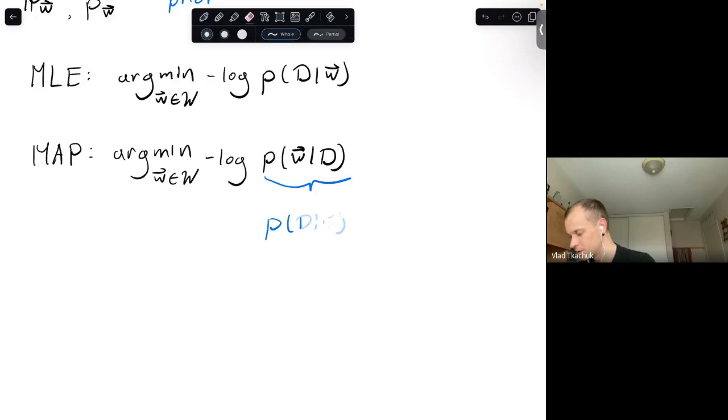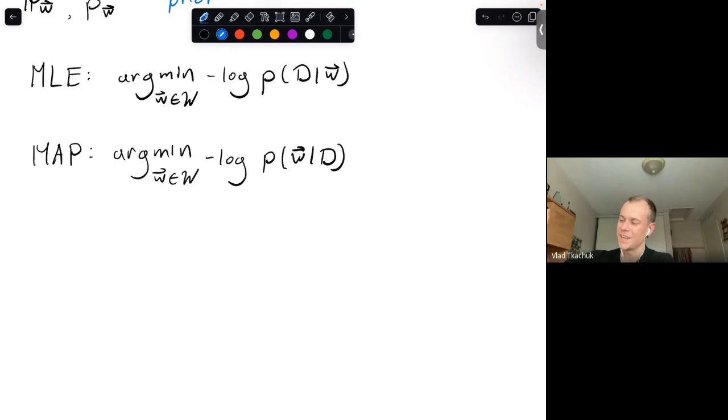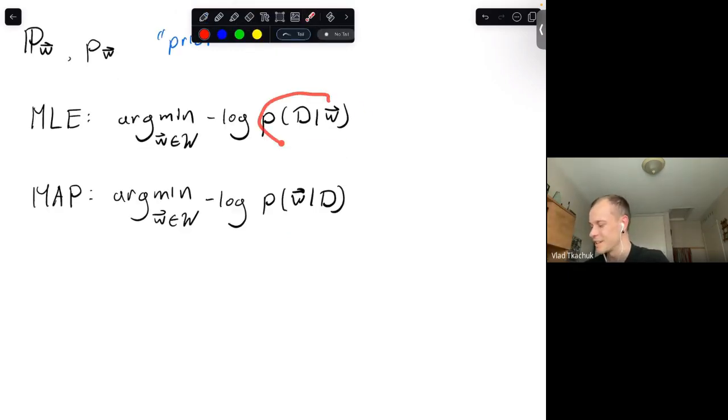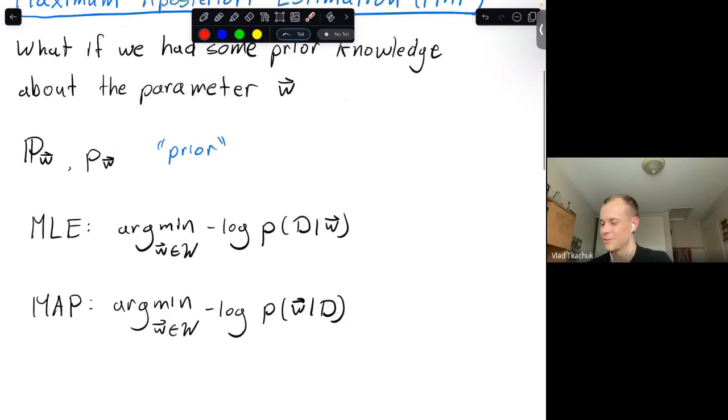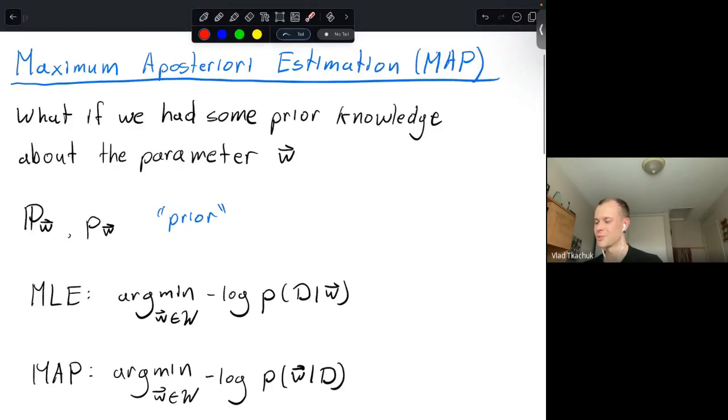Okay, maybe I don't write this because I can't quite remember. This is going to take a little bit longer. But anyways, the point is it's going to be related to MLE. You can rewrite this as this term multiplied by a prior, so you can think of this as the MLE version, but scaled by some prior. That's how I leave it. This MAP thing is going to somehow address prior knowledge on W.